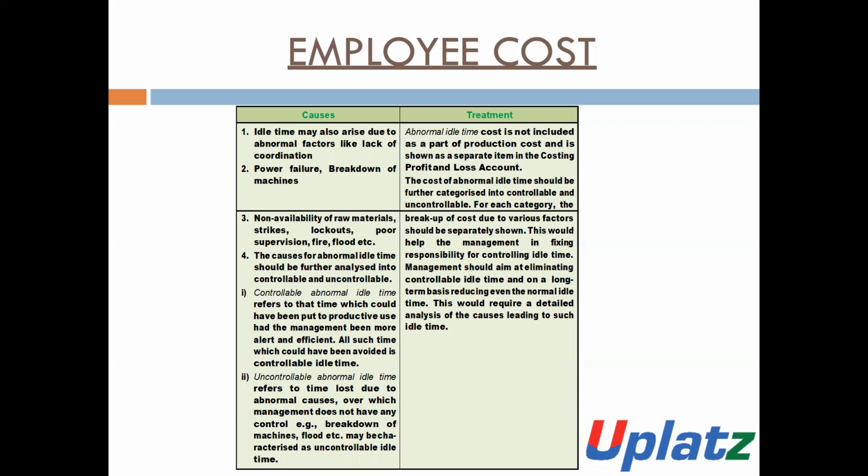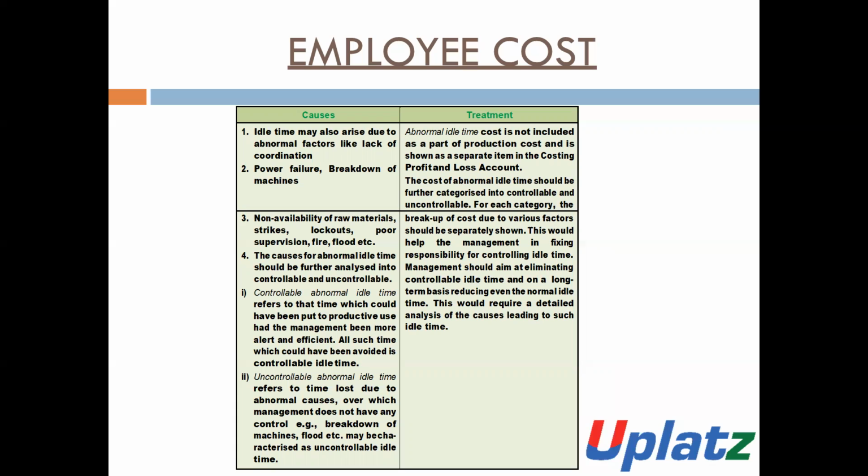When the idle time arises due to abnormal factors, power failure, breakdown of machinery, non-availability of raw material, lockouts, poor supervision, fire, flood, etc., the cause should be further analyzed into controllable and non-controllable.